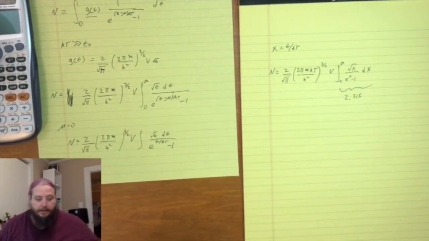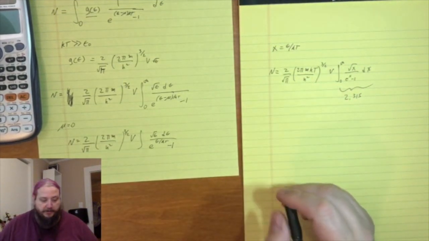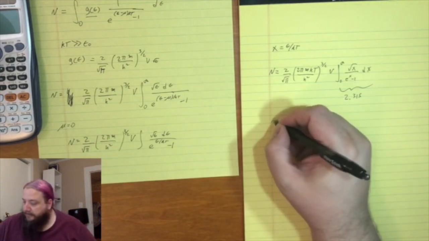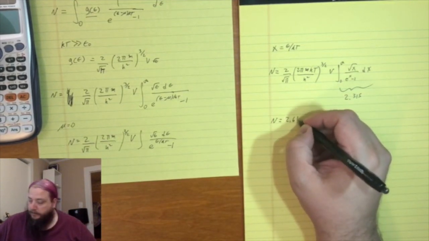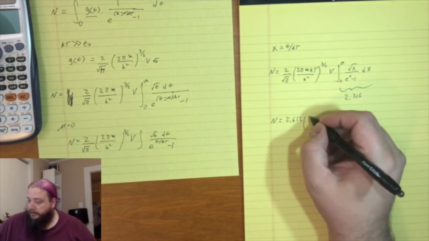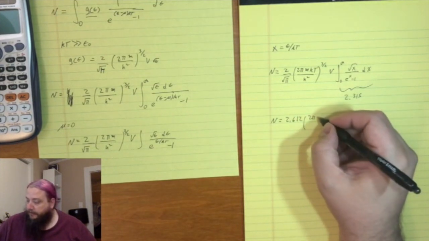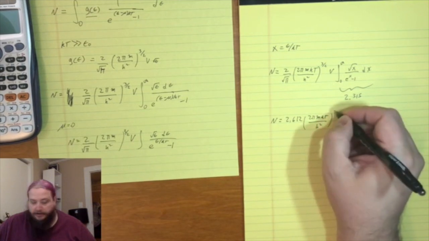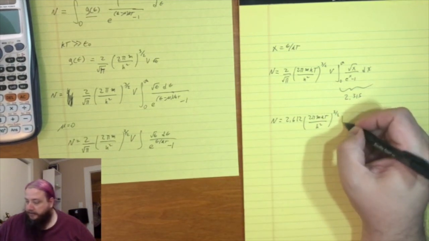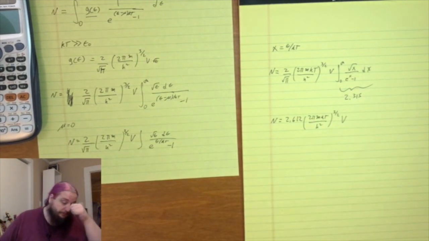And this gives us 2.315, which, plugging in with a bunch of the constants up in front, gives us that the number of particles is 2.612 times the thing in the parentheses, 2 pi mkT over h squared to the 3/2 times the volume.